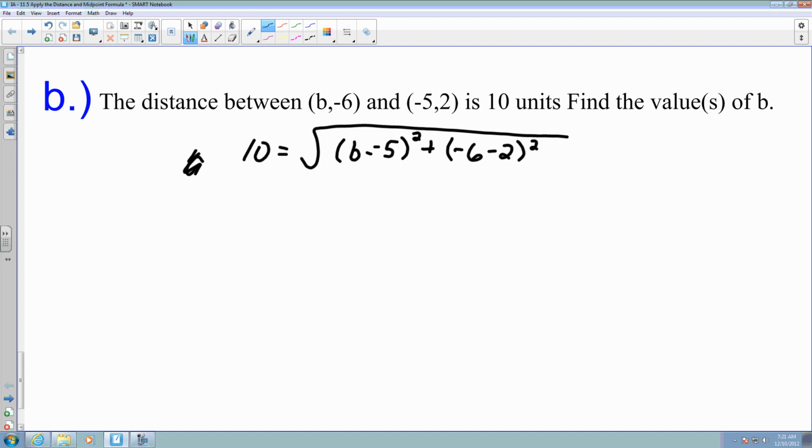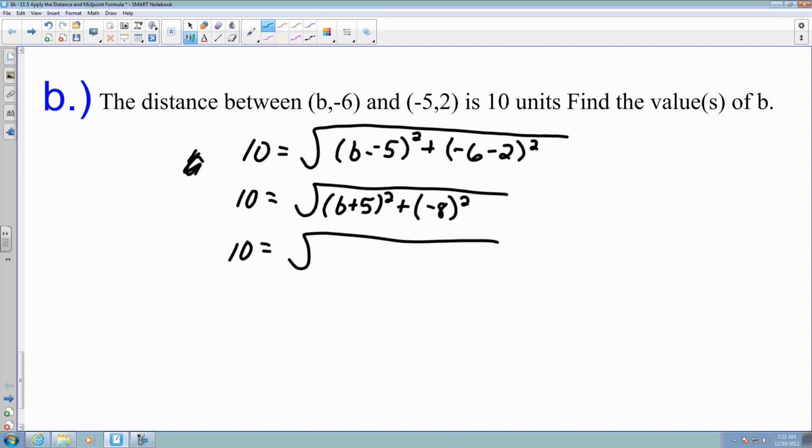Doesn't matter which sets of x and y you use first, just as long as you're consistent. Okay? So I got 10 equals the square root of (b plus 5) quantity squared plus (negative 8) quantity squared. Drop this down. So let's factor this out. We got b squared plus 10b plus 25, and negative 8 squared is 64.